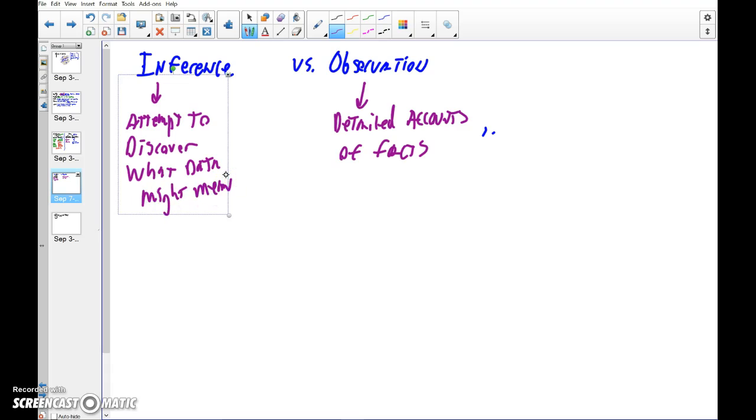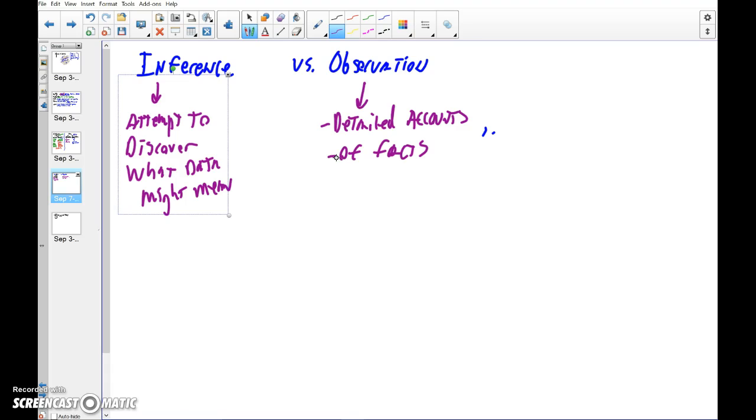For instance, an observation. There are 3 black chimpanzees out of 10. An inference? There must be some disadvantage to having black fur. One of those 2 things, there are 3 chimpanzees that have black fur, is simply a detailed account of a fact. The other one, black fur must be some sort of disadvantage, is an inference.